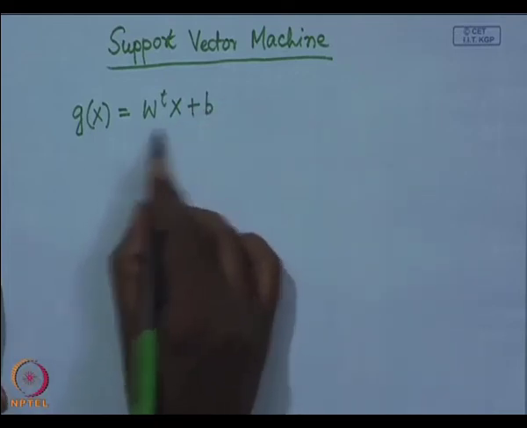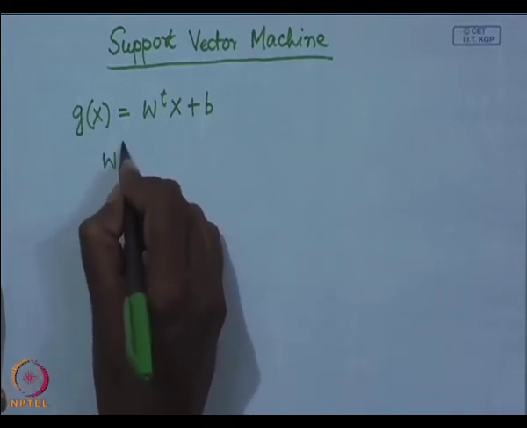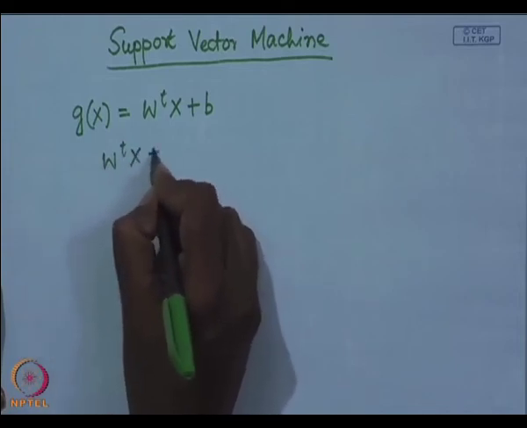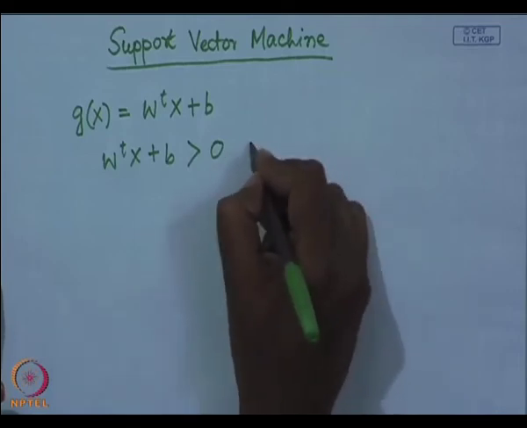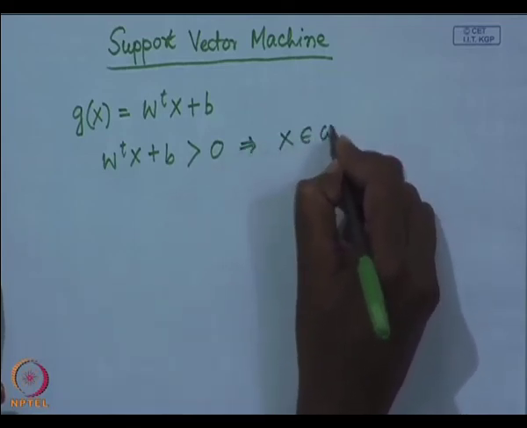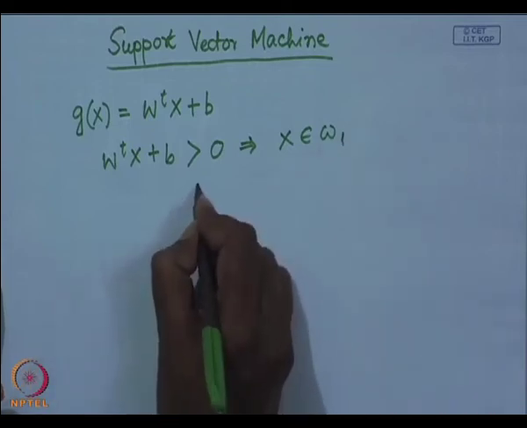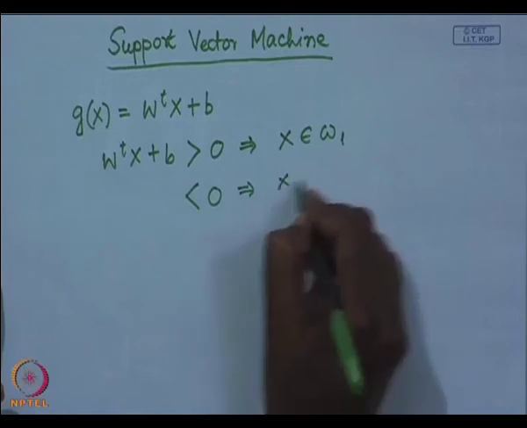And we have said in the case of a linear discriminator that if this g of x, or w transpose x plus b, is greater than 0, that indicates the feature vector x belongs to class omega 1, and if this is less than 0, then the feature vector x belongs to class omega 2.